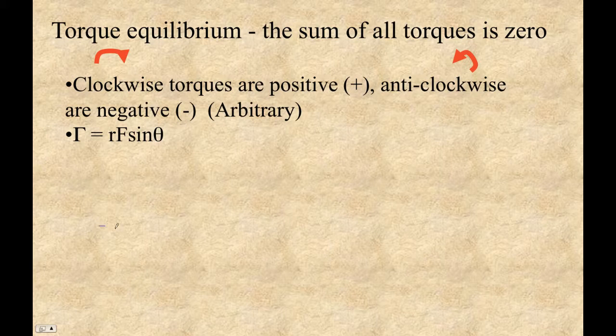So let me just give you an example here. Let's suppose we've got a beam here and we've got a hinge, right? And I've got a bunch of forces, like maybe I've got a force here and a force there and a force here, right? And maybe a force here. If these are all forces and that's the hinge, and this thing's in equilibrium, all these torques add to zero.